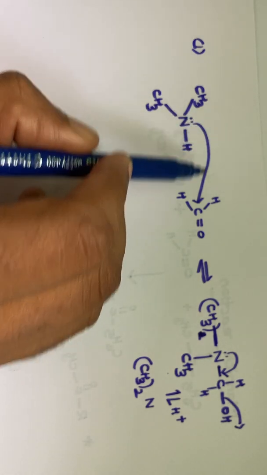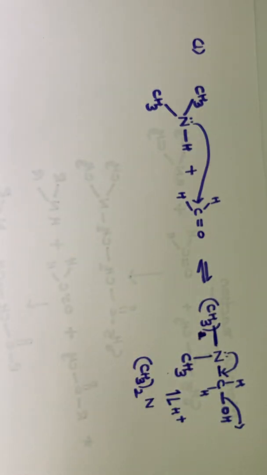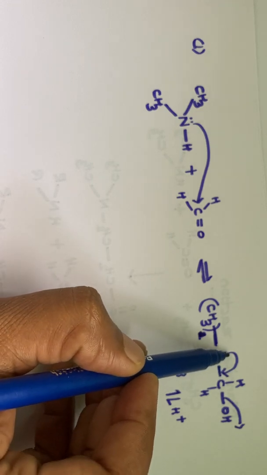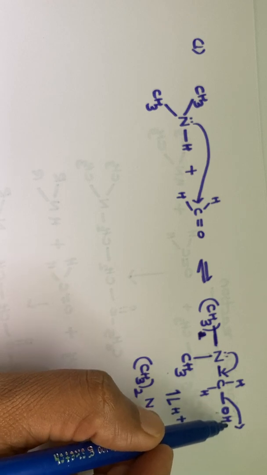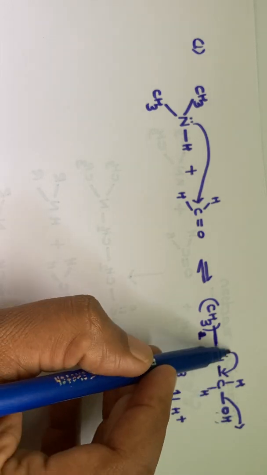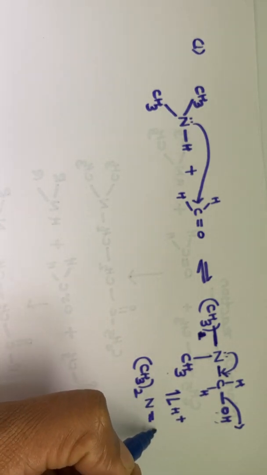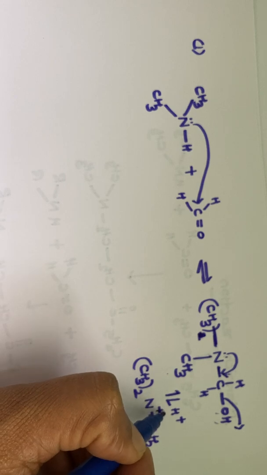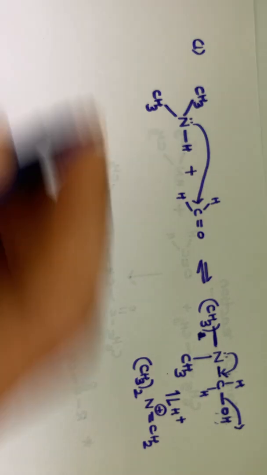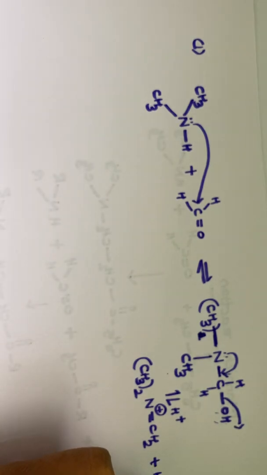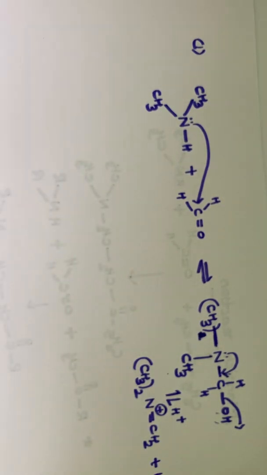First, nitrogen attacks this formaldehyde, resulting in the formation of this intermediate molecule. Then nitrogen contains a lone pair of electrons. You all know that in presence of an acid, OH gets protonated. When OH gets protonated, it becomes a good leaving group. So when it moves here, loss of water takes place. Double bond CH2, positive charge, plus water. So it results in the formation of this cation. We call this cation an iminium cation.